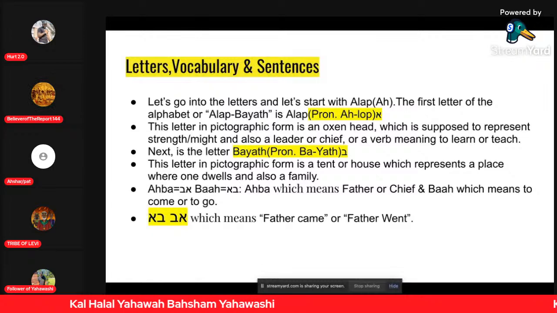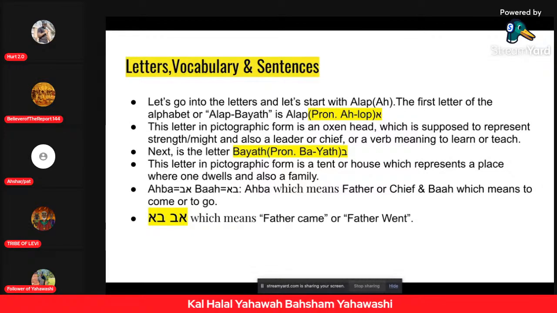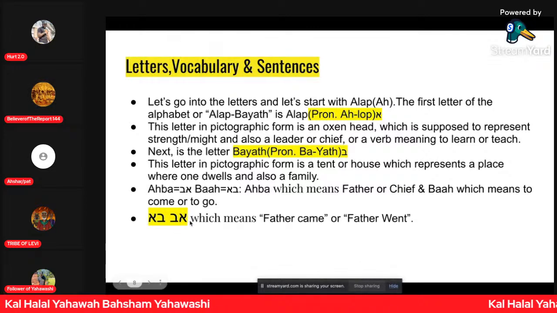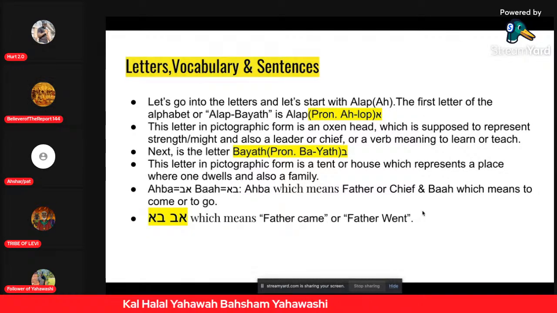But right here we have a sentence utilizing these characters, the alap bayath. We have a sentence that reads Abba Bayah, which means father came or father went.